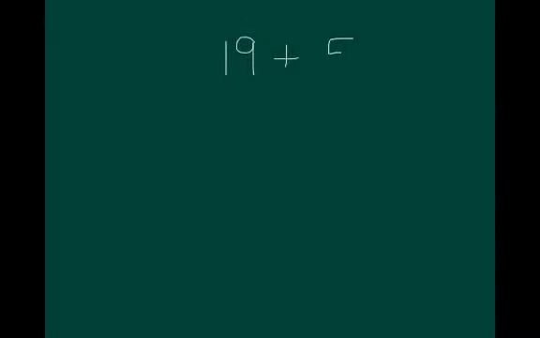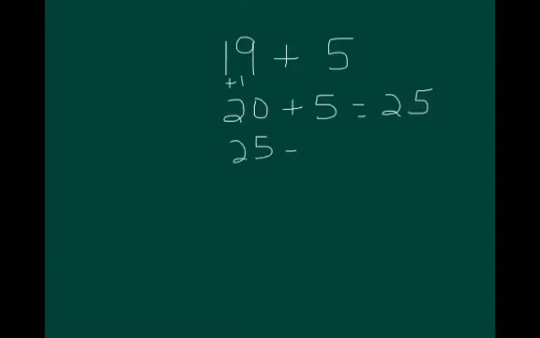A problem such as 19 plus 5. Compensation is when we make those friendlier numbers. So we could think about it as 20 plus 5 equals 25. And since we added 1 to the 19, we need to think about that as subtracting 1 because we added 1 extra to get 24.